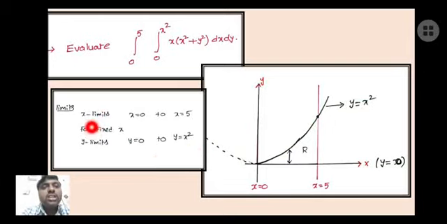Now you can take your limits, x equal to 0 to x equal to 5, and y equal to 0 to y equal to x square. You must remember that whenever they give variable limits, limits in terms of x belong to y, and limits in terms of y belong to x.